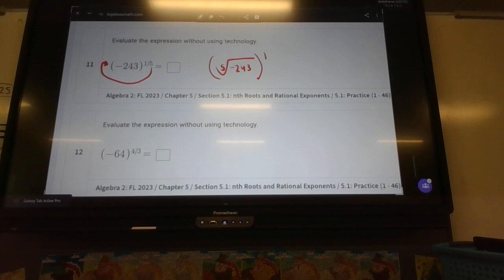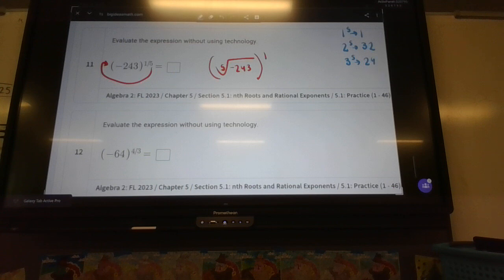Since it's a fifth root, I'm going to think about the list of numbers to the fifth power. 1 to the fifth is 1. 2 to the fifth is 32. 3 to the fifth, I think that one's 243. You can check in your calculator. What's 3 to the fifth? 243.